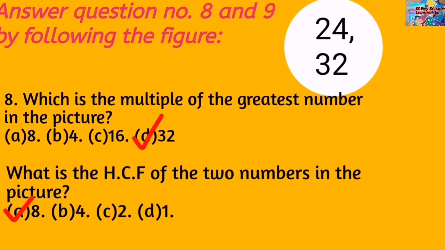Because 8 threes are 24, so 8 is a factor of 24. And 8 fours are 32, so 8 is also a factor of 32. And 8 is the HCF. I'm sure of it. So now let's move on to number 10.